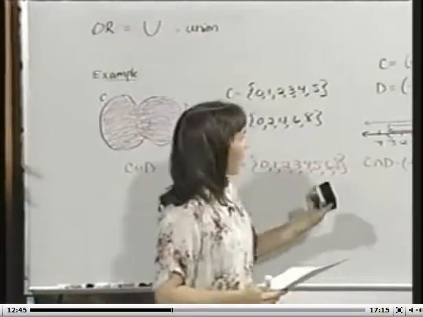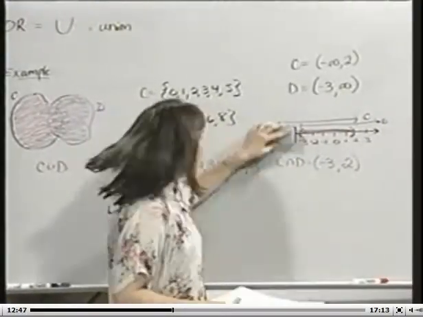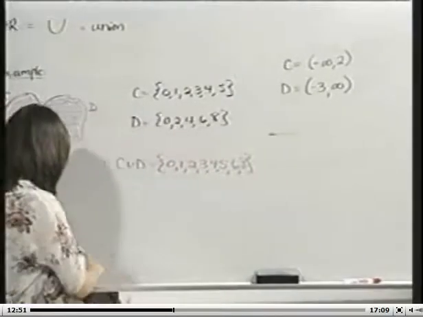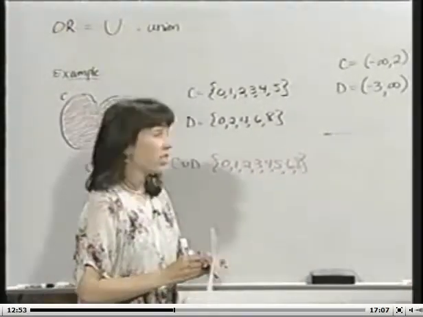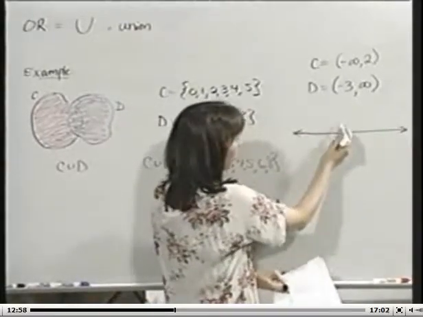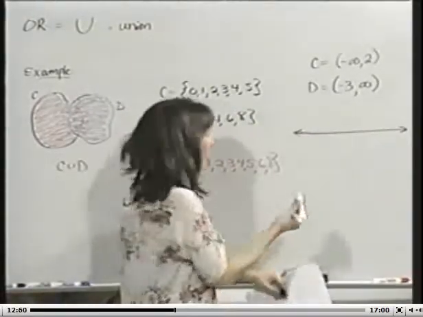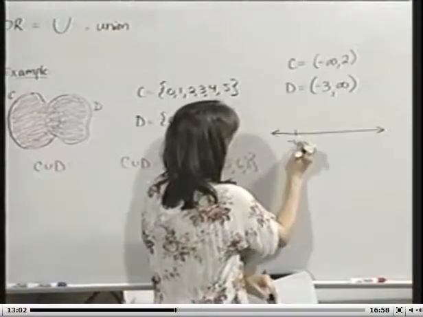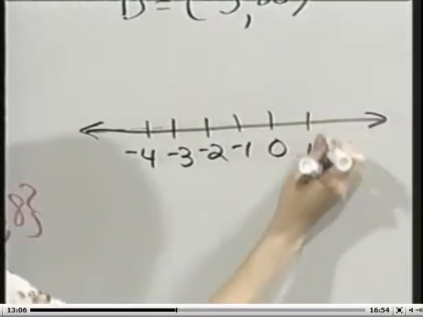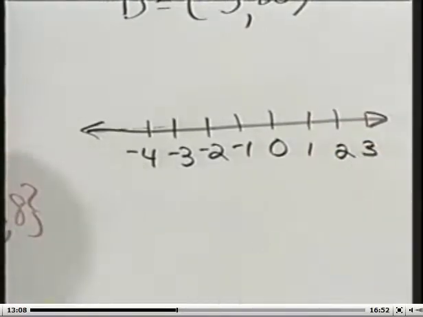And let's take a look at this guy here. I'm going to erase my whole number line, and I'm going to redraw it again. I'm looking for the union of two intervals this time. And again, I'll put the two intervals on top so we can take a picture of it and look at it before we actually sketch the real thing. So we have -4, -3, -2, -1, 0, 1, 2, 3.